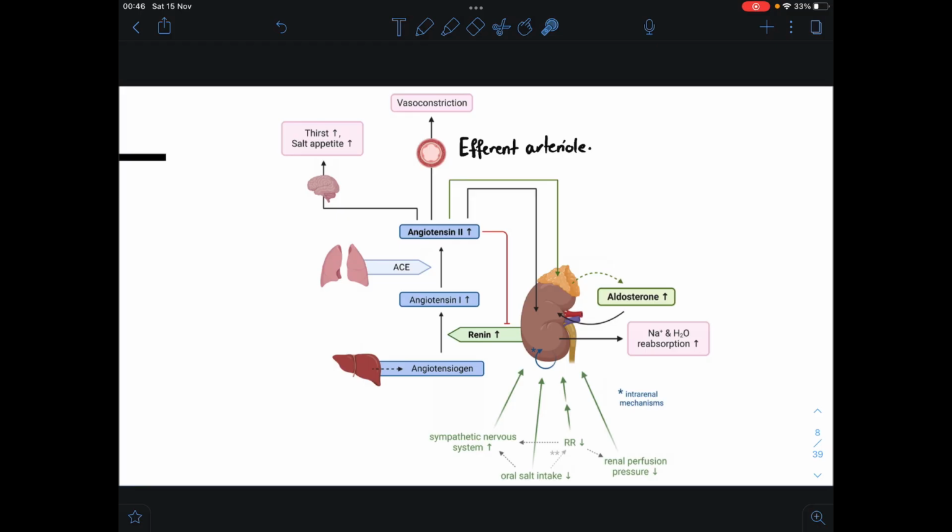To understand sodium disorders, you must review the renin-angiotensin-aldosterone mechanism.